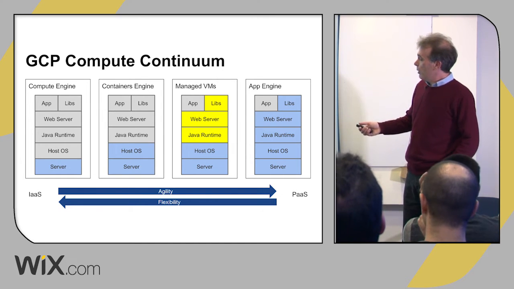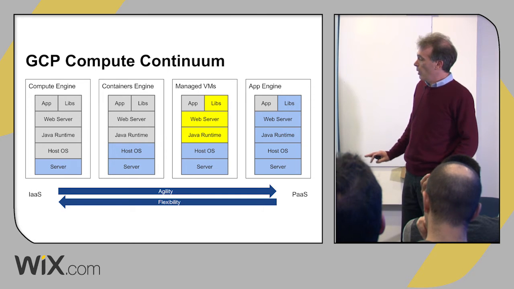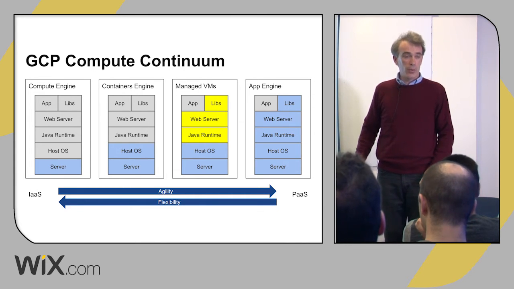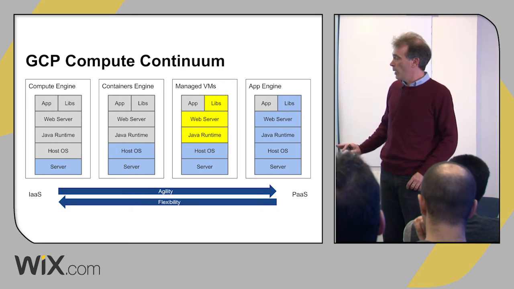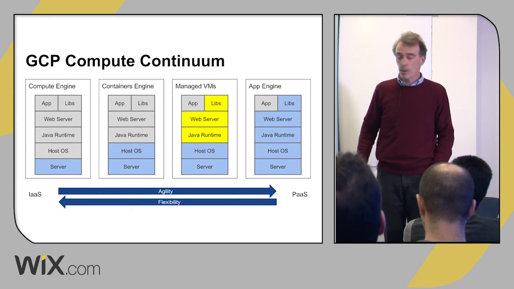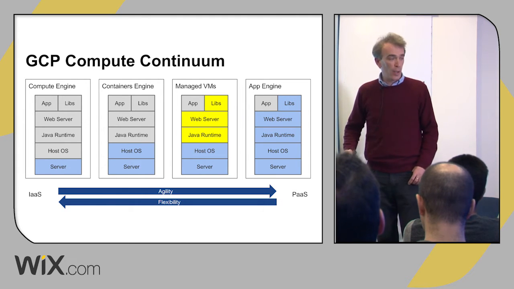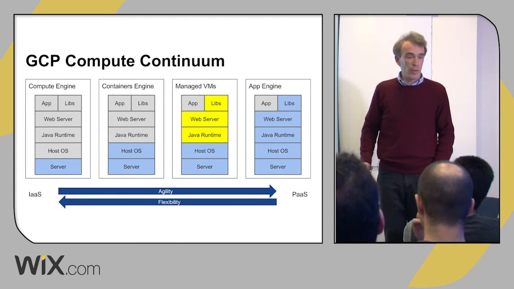On Compute Engine, Google will provide and manage just the hardware of the server. We have to take care of the host operating system, Java runtime, web server, libraries, application. Everything should be managed by us.